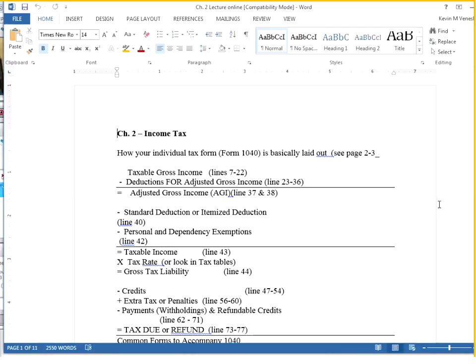Some of these items in the income, we're going to spend a whole week on towards the latter half of the semester. For example, business income, line 12, we're going to spend 2 weeks on that line alone. Lines 13 and 14, capital gains and other gains, we're going to spend a week. We're going to spend a week on lines 15 and 16 with retirement type money, and a week on line 17 with real estate.